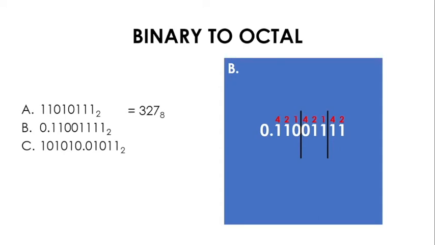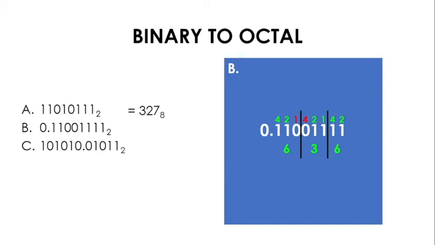So for the first group, since the first 2 bits are turned on, the equivalent will be 6. The second group, since the last 2 values are turned on, its equivalent will be 3. And the last group, since the first 2 bits are turned on, the value will be the same as the first group.